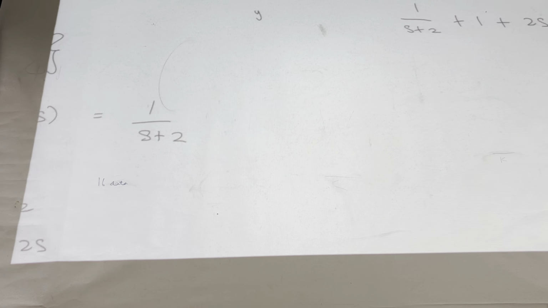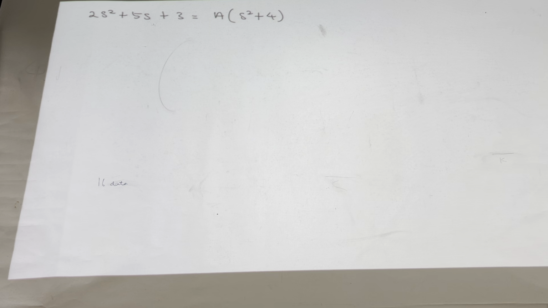2s squared plus 5s plus 3 equal to A(s squared plus 4) plus (Bs plus C) multiply (s plus 2). Okay, right.